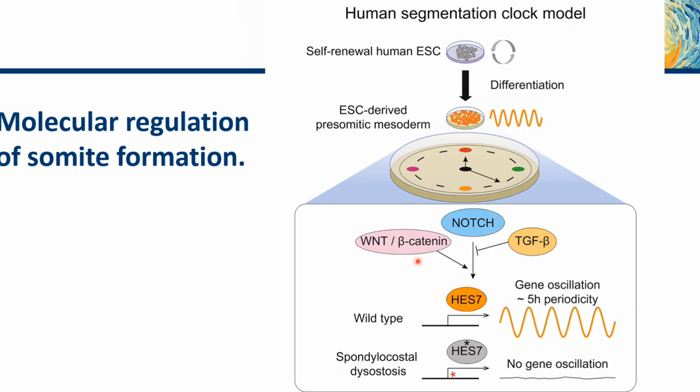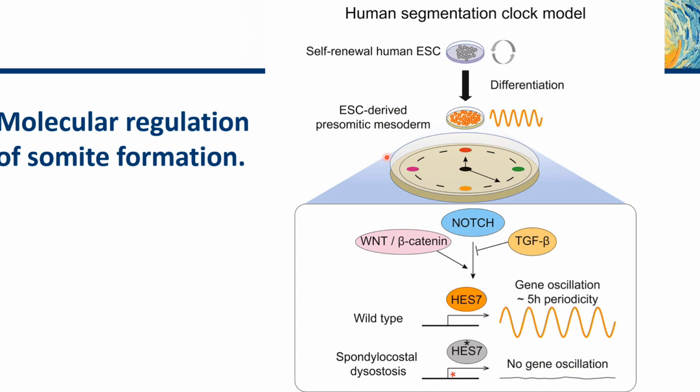In addition to these proteins, at the border between the different somites, there is a different concentration of retinoic acid, fibroblast growth factor 8 and WNT protein as well. Retinoic acid is present in higher concentration cranially and lower concentration caudally, while FGF is present in low concentration cranially and higher concentration caudally.